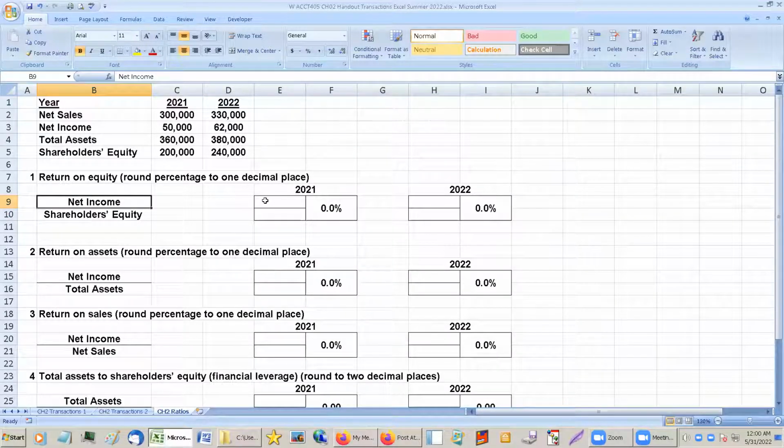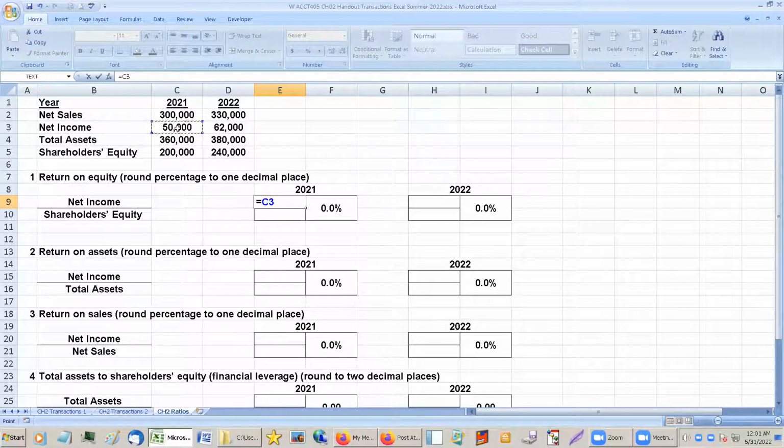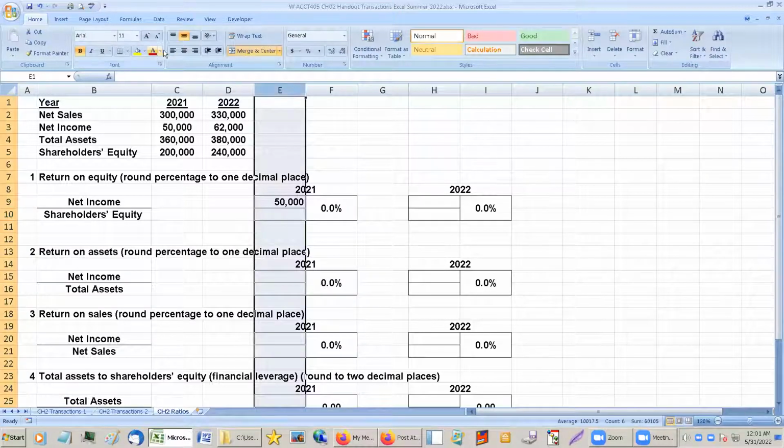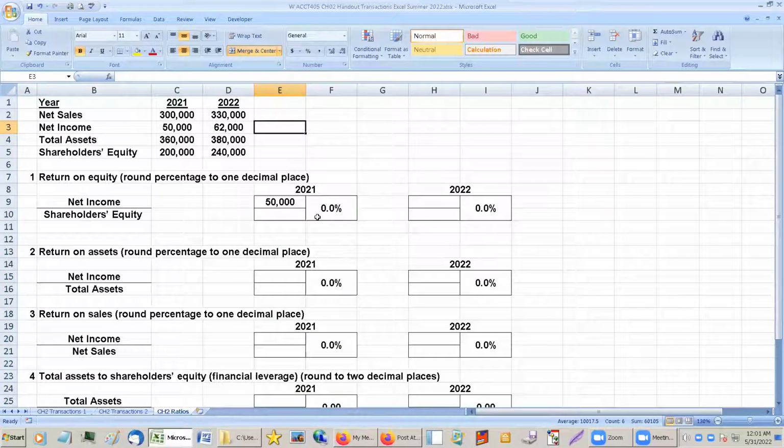Now, again, it's kind of like baking a cake. You go, okay, we need net income for 2021. So I'm going to go grab the income for 2021. And then it says get the shareholders' equity. Okay, let's go get the shareholders' equity for 2021.